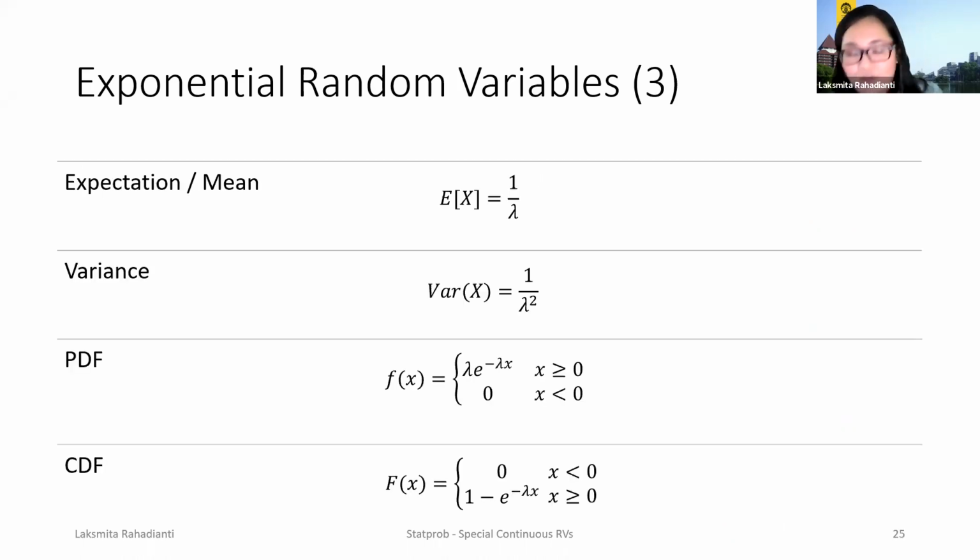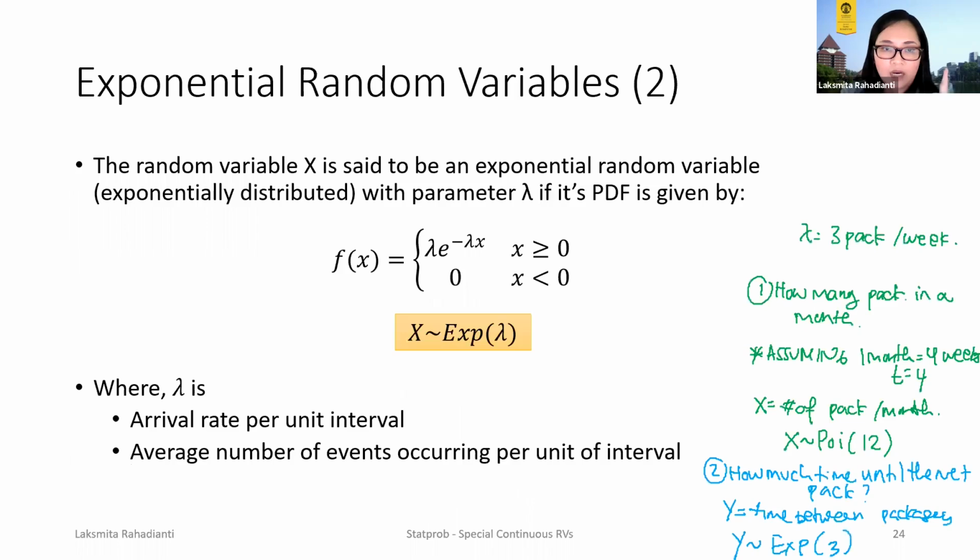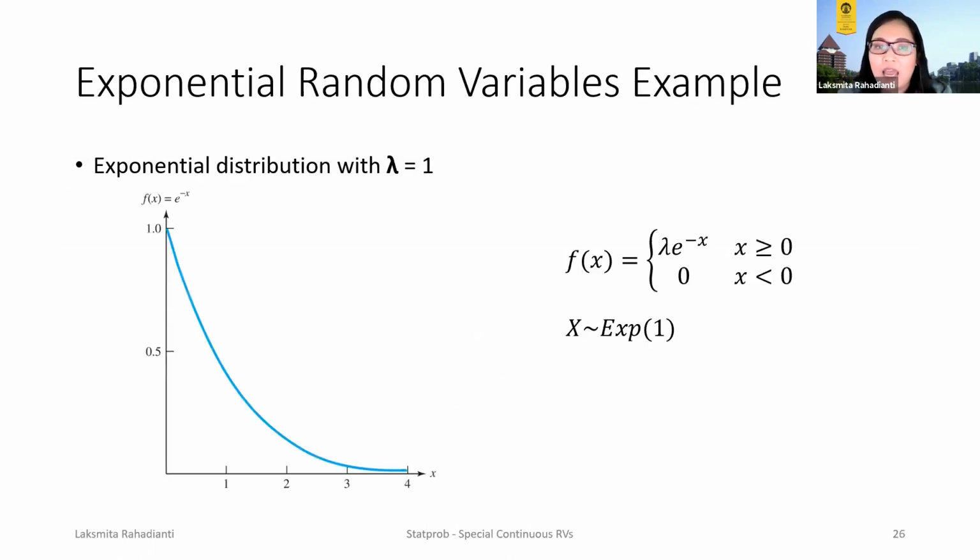Once again, I have already recapped all of the important things that you would need to compute regarding the exponential random variables in this one slide. As a visualization, you can note here that the lambda up there is an exponent to e, and each lambda would create a different type of graph.